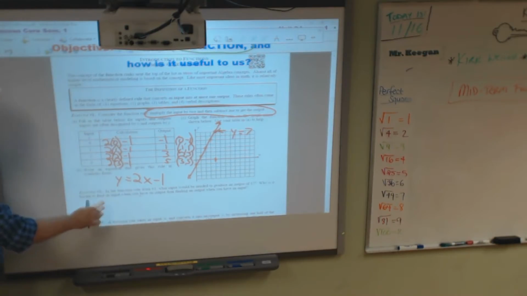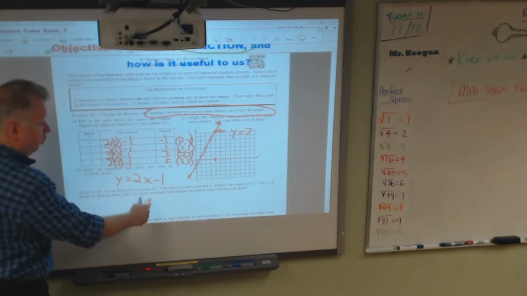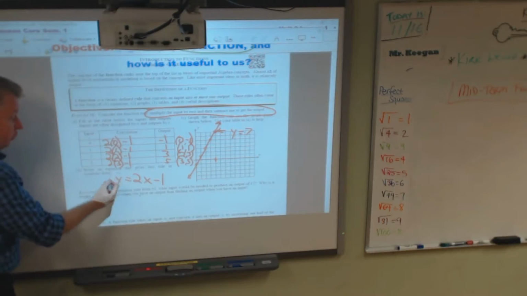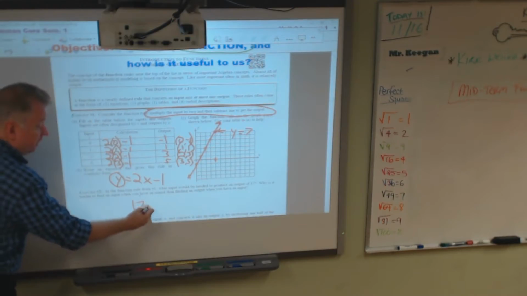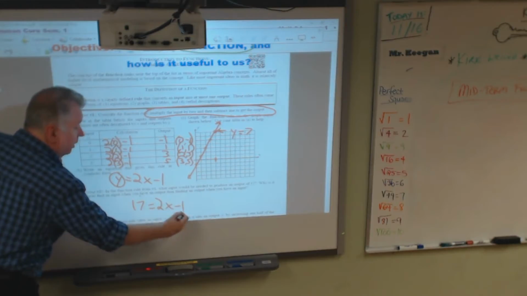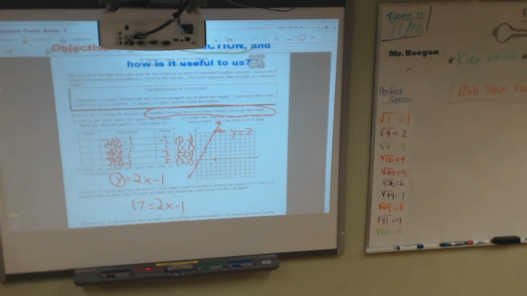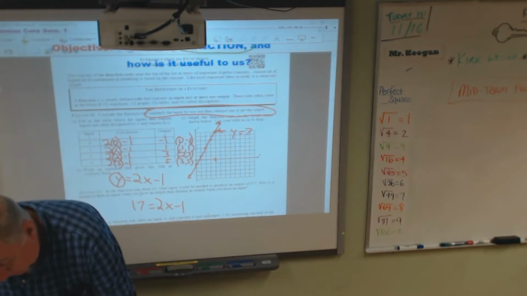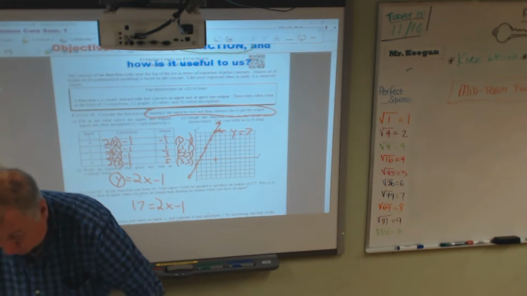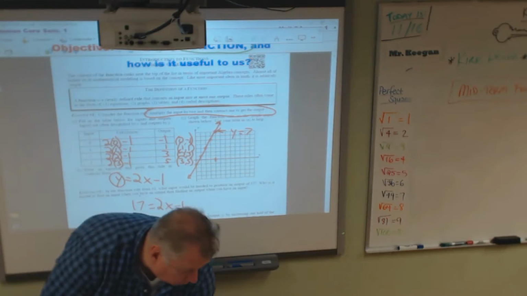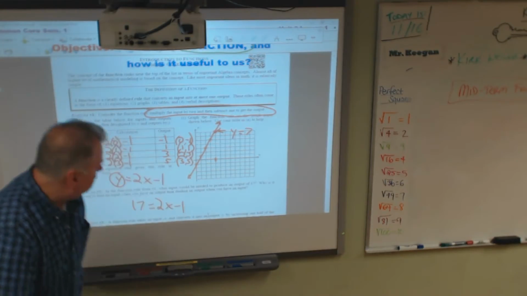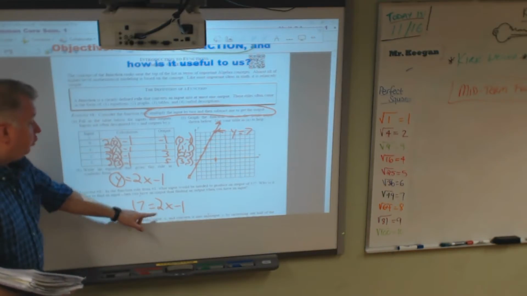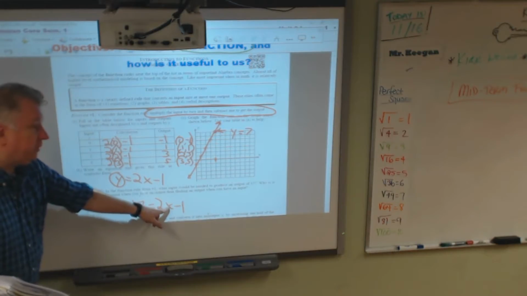So for the next problem, they say, in this function rule, what input would be needed to produce an output of 17? The output is the y. So you're just going to plug the 17 in for the y, and now just solve for x. Find out what x would be. No. The y is 17. You put the 17 in for the x.